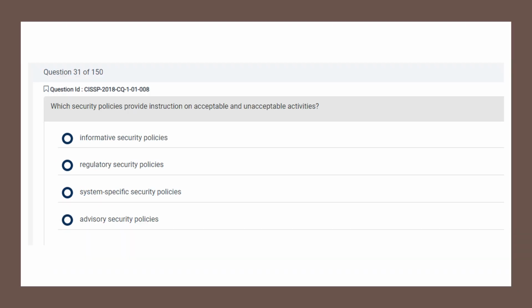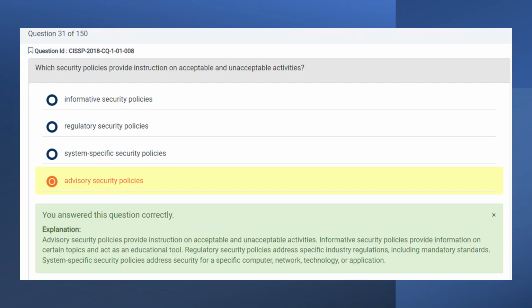Question 31. Which security policies provide instruction on acceptable and unacceptable activities? A. Informative security policies, regulatory security policies, system-specific security policies, or advisory security policies. Advisory security policies provide instruction on acceptable and unacceptable activities.